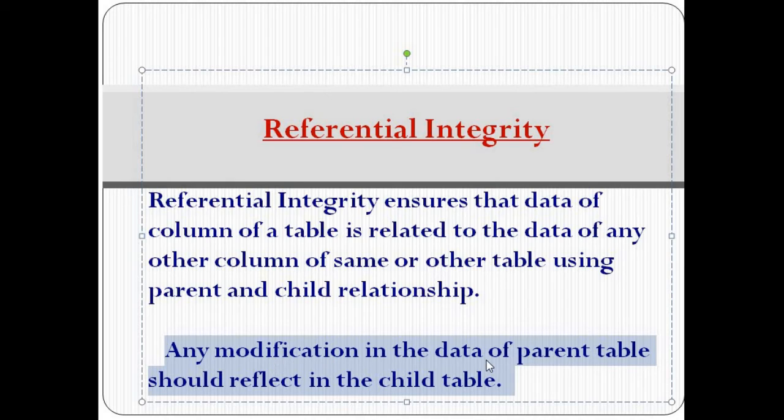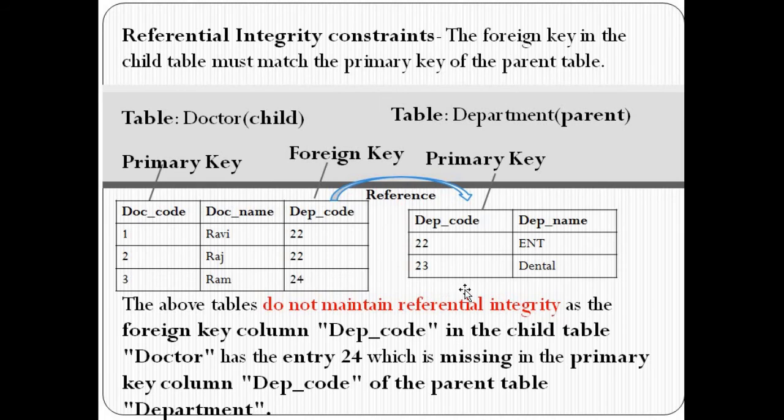Any modification in the data of the parent table should reflect in the child table. Now let me explain referential integrity with the help of these two tables, that is the table doctor and the table department.